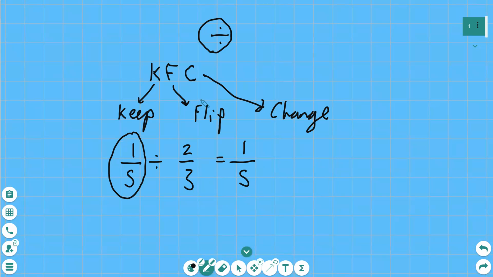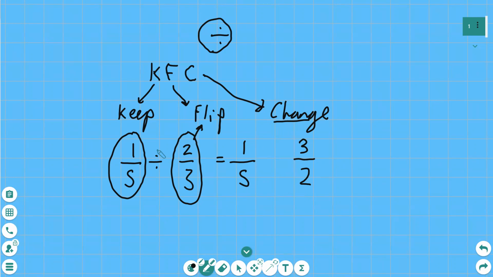The flip means we flip the second fraction. It does a little headstand. I could do headstands when I was a kid. I can't do that anymore. So when that does a headstand, the 3 goes up to the top and the 2 goes down to the bottom. You see, it's standing on its head. The denominator has become the numerator. The numerator has become the denominator.